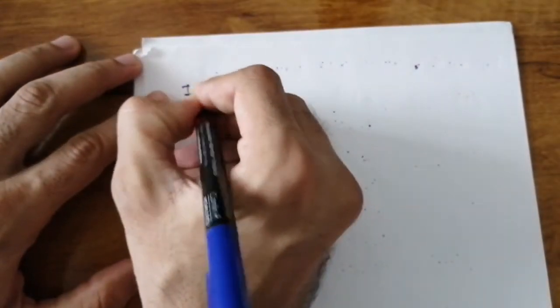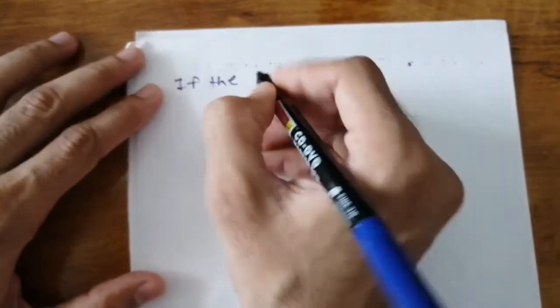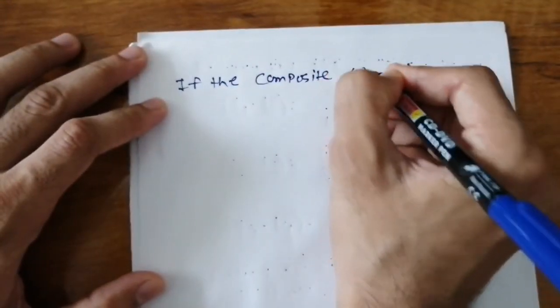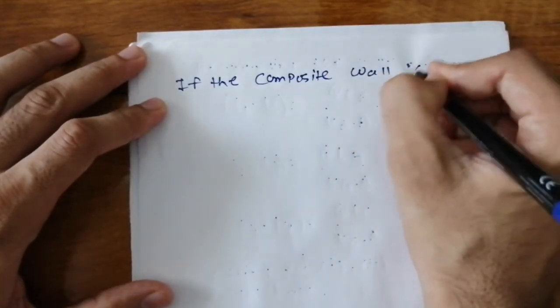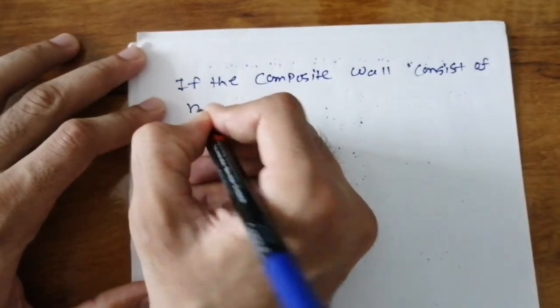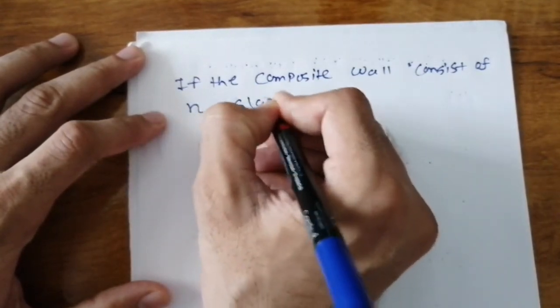Suppose the composite wall consists of n number of layers, or n slabs.